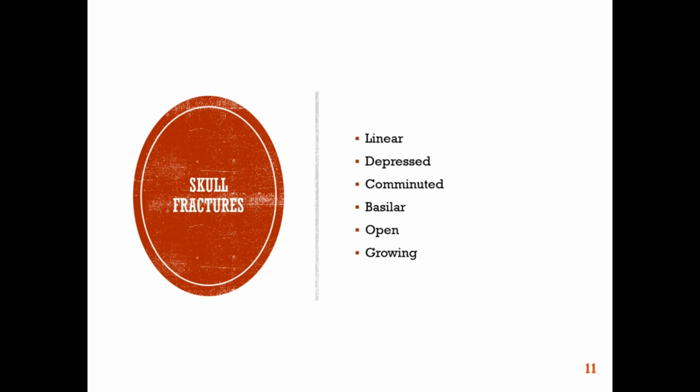Then there are depressed fractures, in which the bone is broken locally, usually into several irregular fragments that are pushed inward. Depressed skull fractures may be associated with direct underlying damage and should be suspected when a child's head appears misshapen. Comminuted fractures consist of multiple associated linear fractures, and they usually result from intense impact.